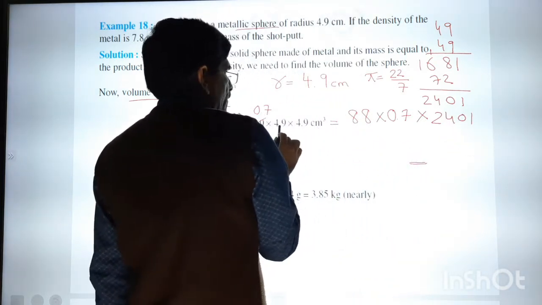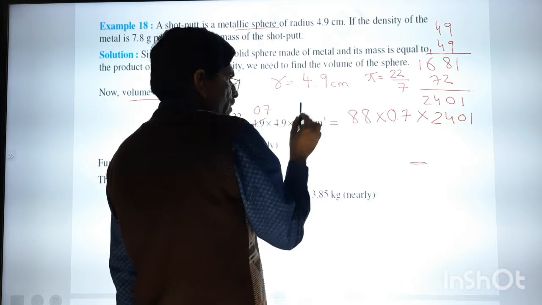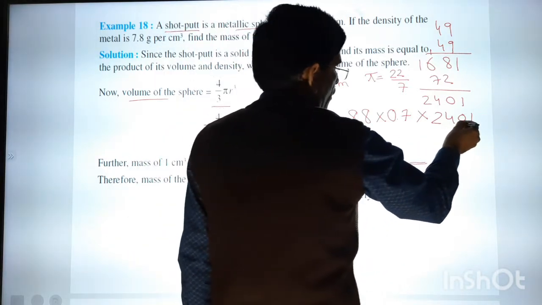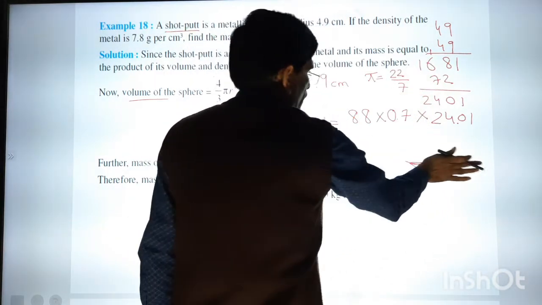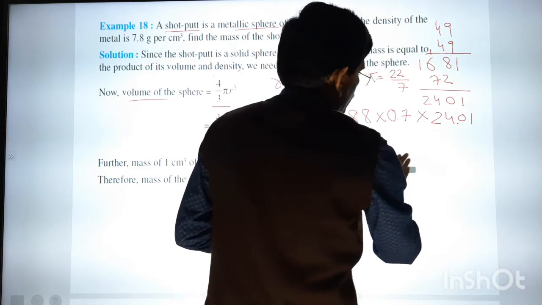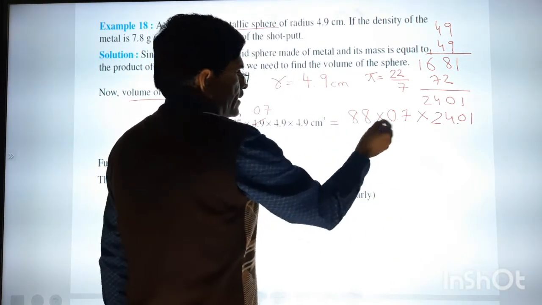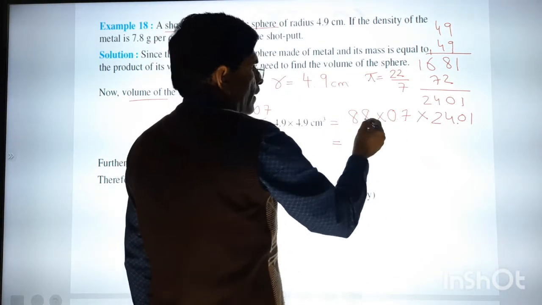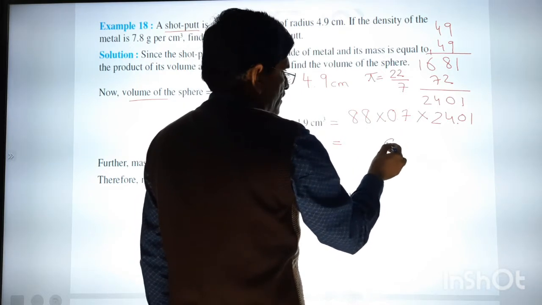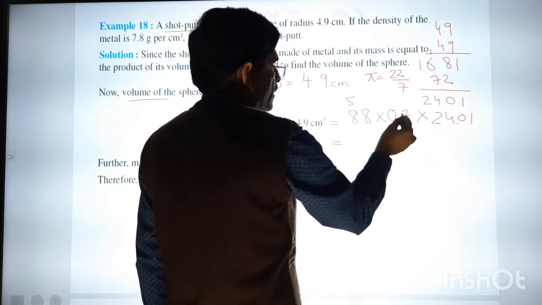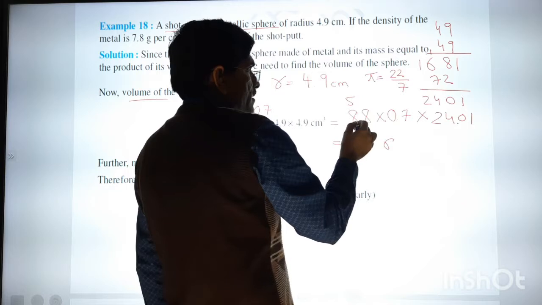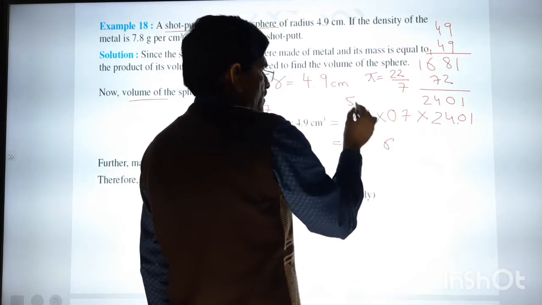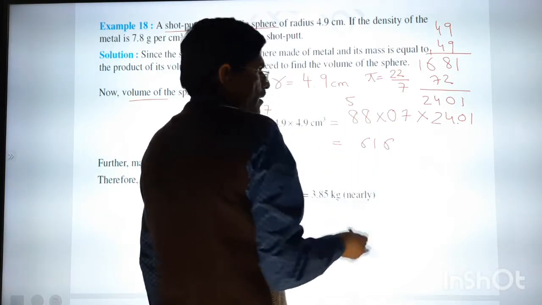But point after point. Here one decimal is there, so I have to put the point at 2 decimals. Now 88 into 7, 7 8s are 56, carry 5, again 7 8s are 56, 56 plus 5 is 61.